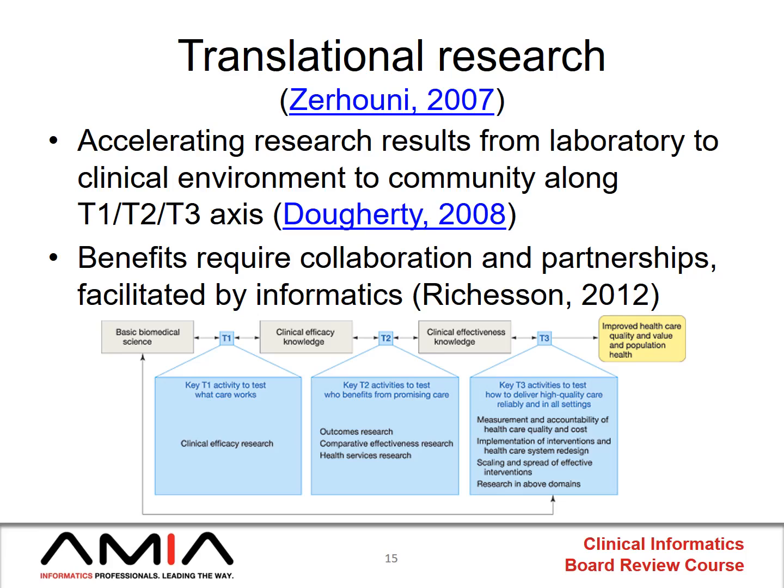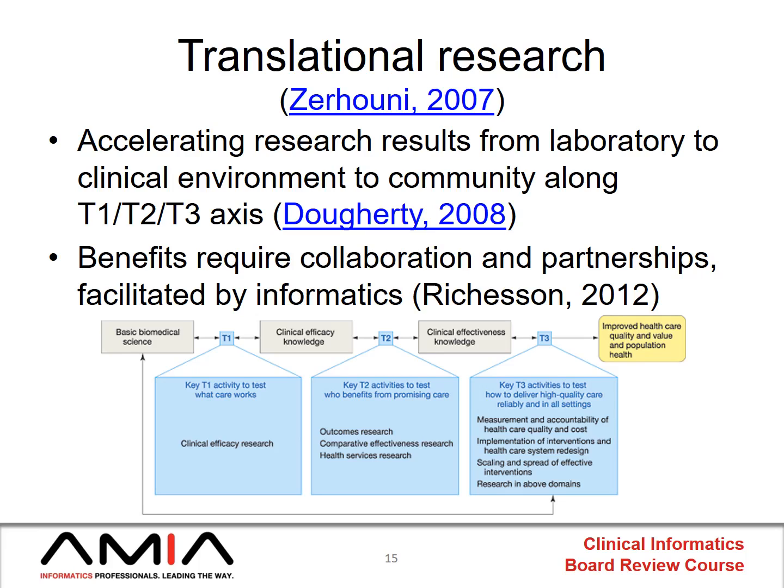three different types of translational research on an axis: T1, T2, T3. T1 being the translation from so-called bench to bedside, of taking basic biological discoveries and turning them into human tests and treatments for disease.